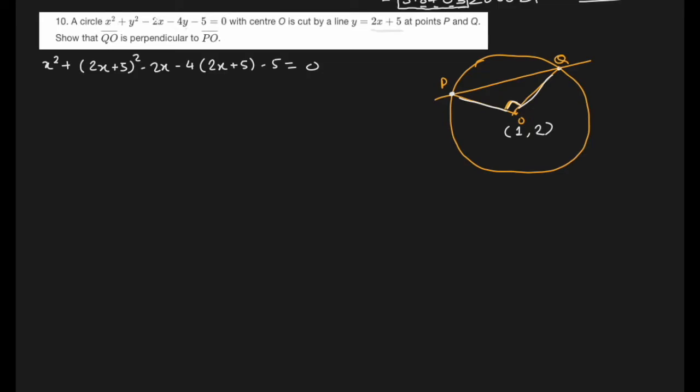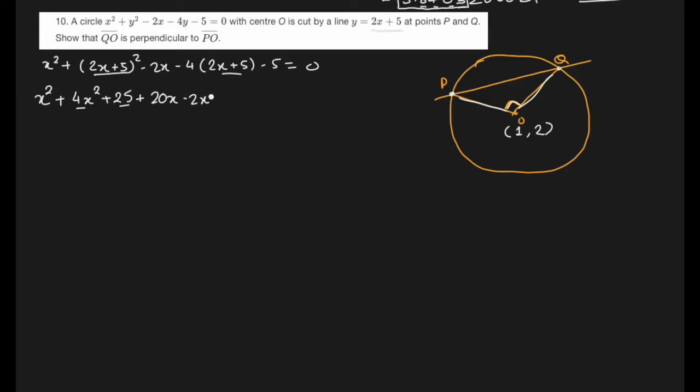Each y is replaced by 2x plus 5. Let's expand this. x square plus 4x square plus 25 plus 20x, using a square plus b square plus 2ab: 2 times 2x times 5 is 20x.